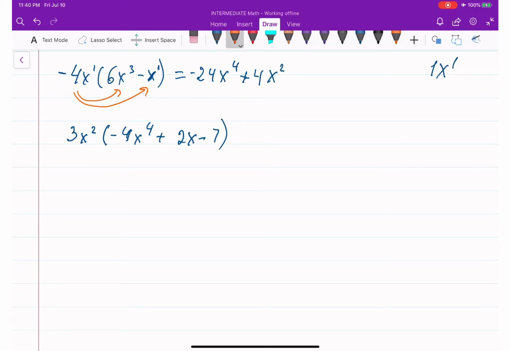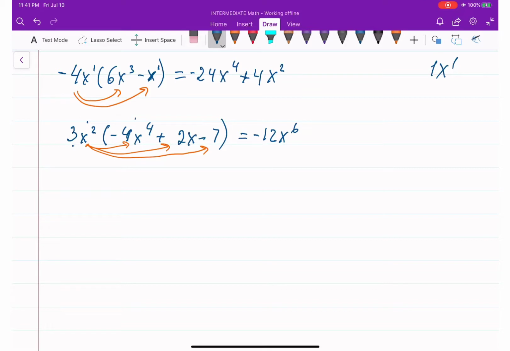So again, we are going to distribute. First one, 3x squared times negative 4x to 4. 3 times negative 4 is negative 12. X squared times x to 4 is going to be x to 6.